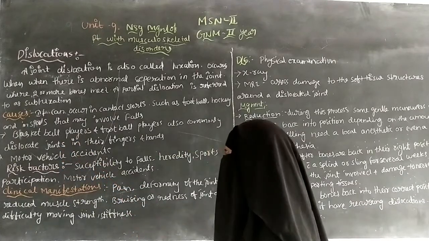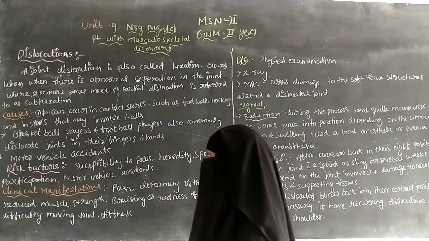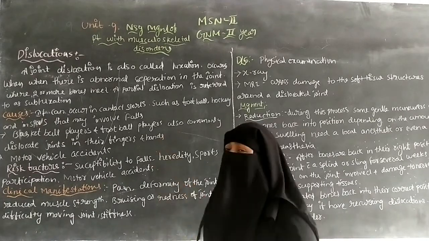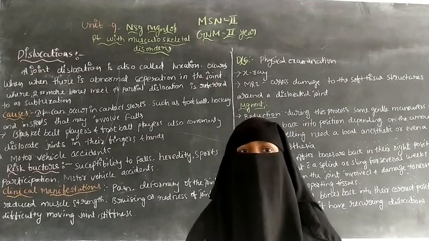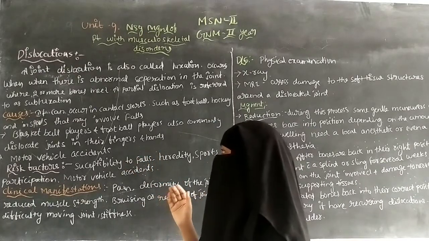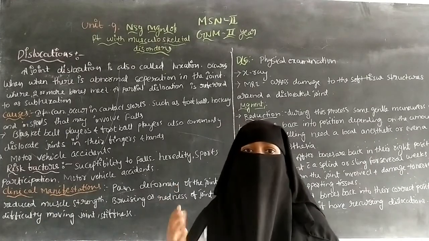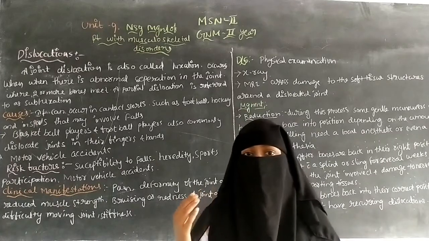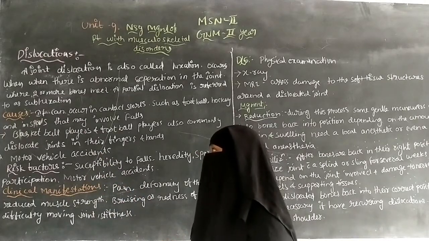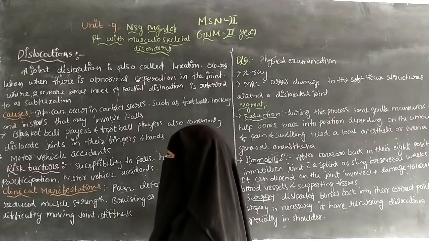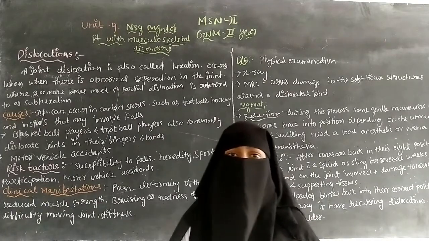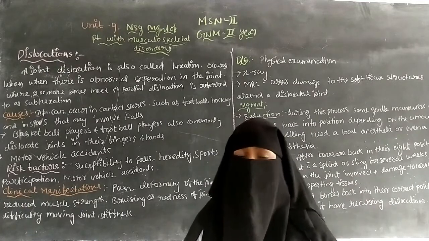Basketball players and football players also commonly dislocate the joints in their fingers and hands, because they are striking the ball with their hands and fingers.